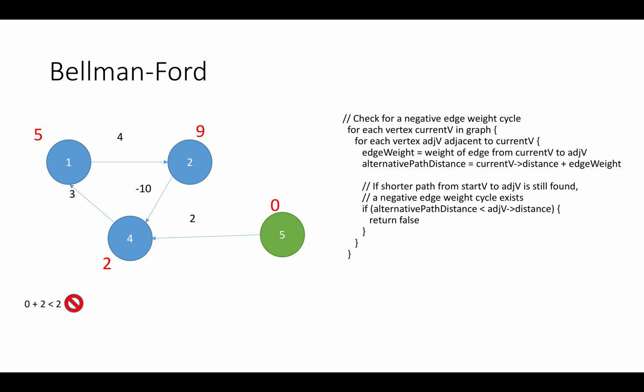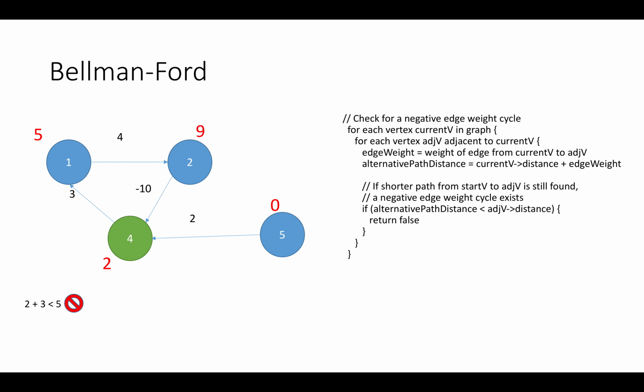So for instance, in this first case, we're looking to see if the total cost to get to node 5, which, because it is our starting point, is 0, plus the cost of the edge to its adjacent node 4 is less than the total weight we have to get to node 4. So 0 plus 2 is not less than 2, therefore we do not know of any cycles yet.